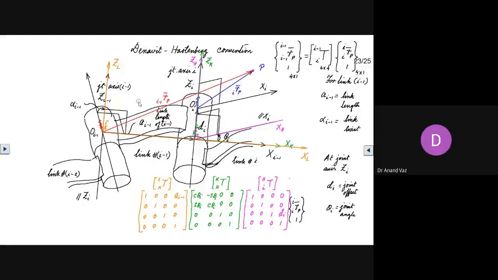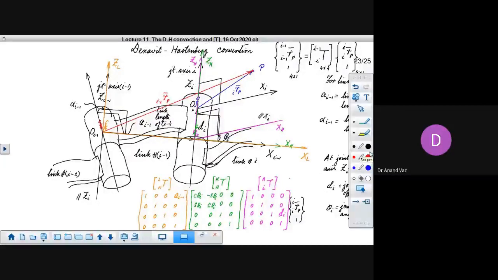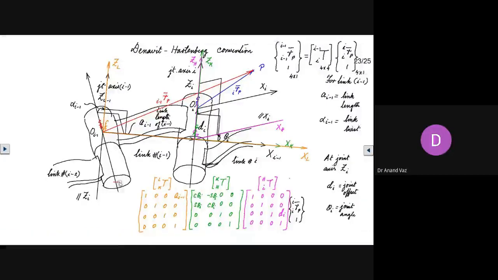Okay. So let us take this finally. I'm going to write it as the transformation from L to i minus 1.